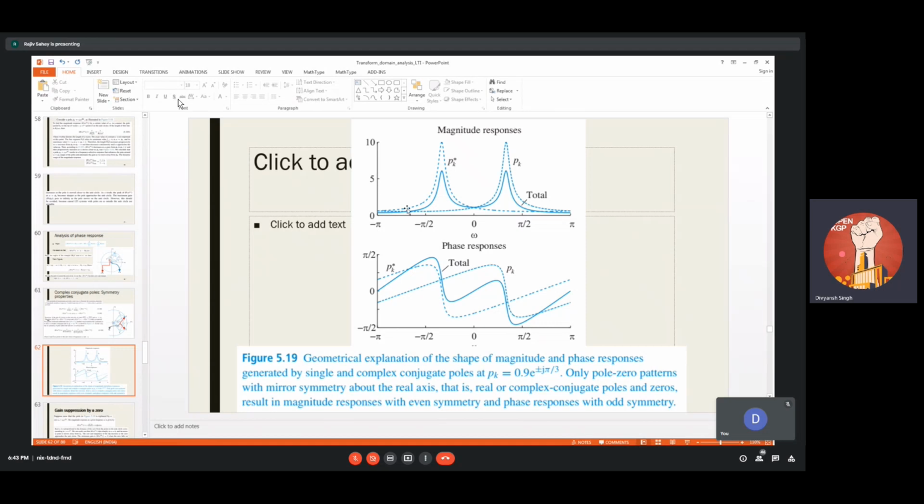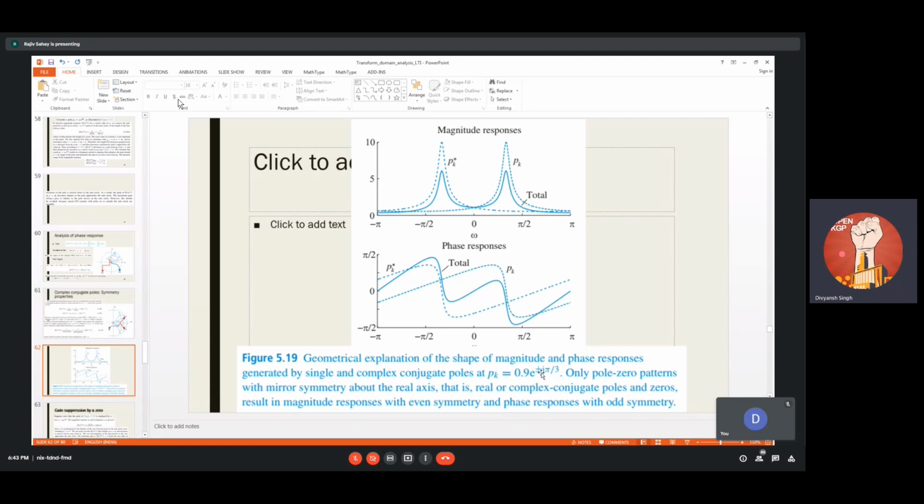So now, due to these two complex poles, you will get two magnitude responses, and because of the pole, you will have a peak. Let us consider an example where we are looking at the shape of magnitude and phase responses generated by single and complex conjugate poles at pk equal to 0.9 into e to the power plus minus j pi by 3.